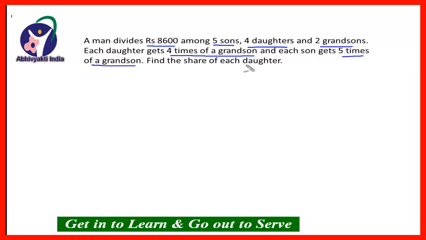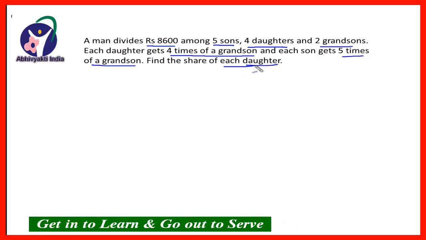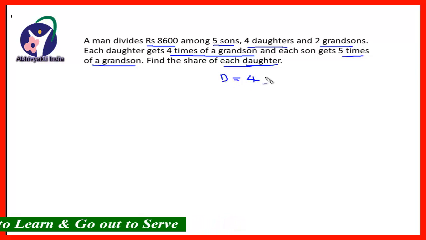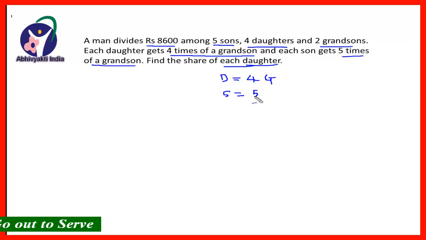Find the share of each daughter. Now the daughter gets 4 times that of the grandson, and the son gets 5 times that of the grandson.